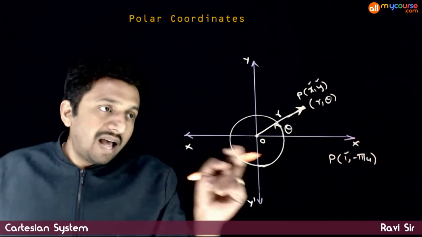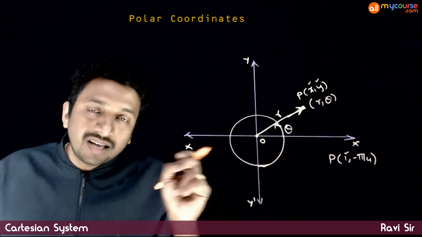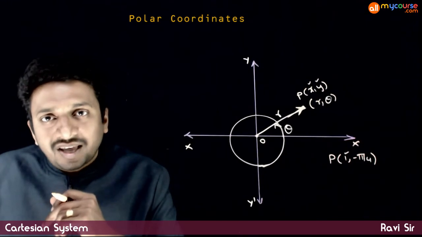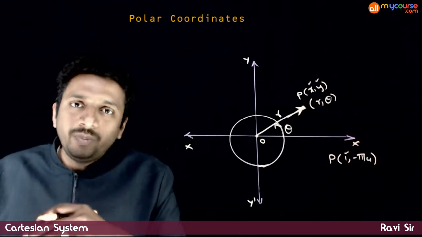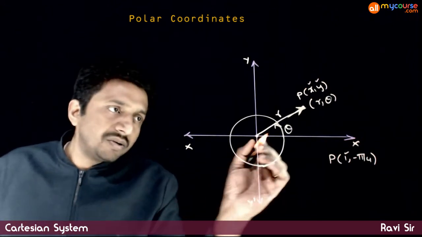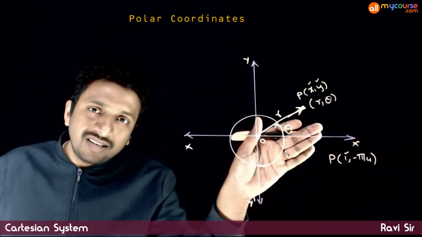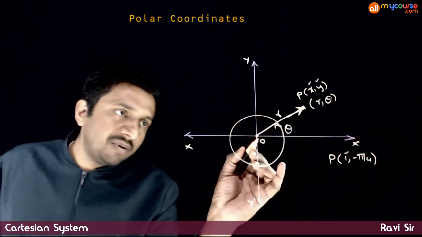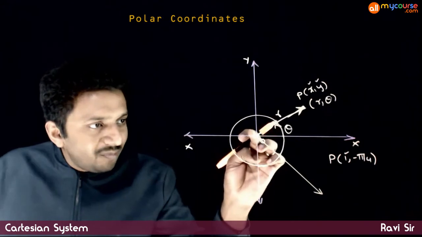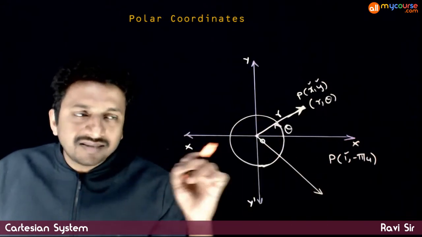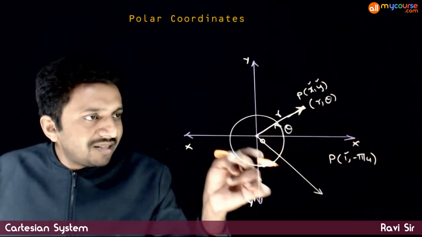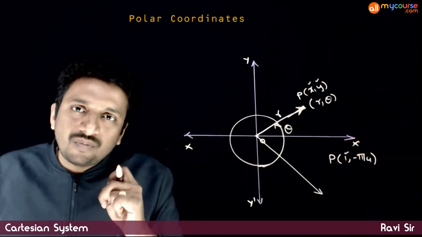Next, I want a point on this circle such that OP makes an angle of minus pi by 4 with x-axis. Minus pi by 4 means pi by 4 in clockwise direction. So you rotate the ray through an angle of minus pi by 4. This will be the terminal ray. Any point on this ray has an angle of minus pi by 4 with x-axis, and any point on this circle has a distance of 1 from origin.